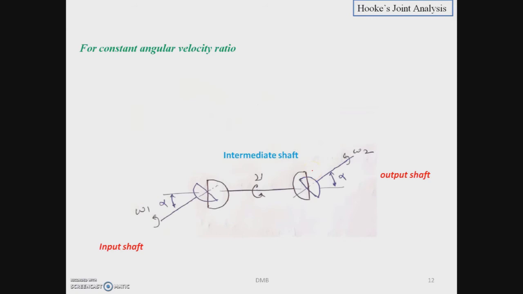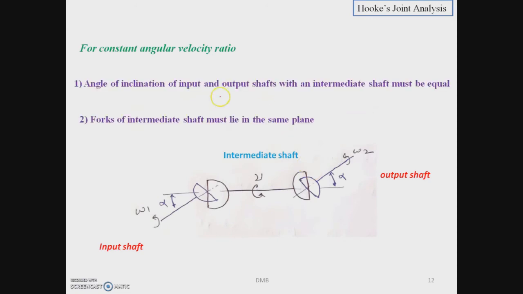But in the case of the double joint, under some situations, we can obtain constant angular velocity ratio. For constant angular velocity ratio in double Hooke's joint, these two conditions are to be followed. Number one, the angle of inclination of input and output shafts with the intermediate shaft must be equal.